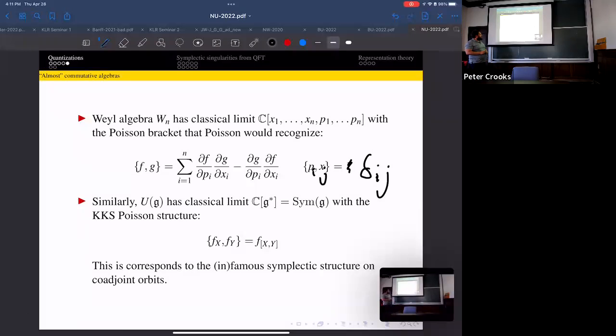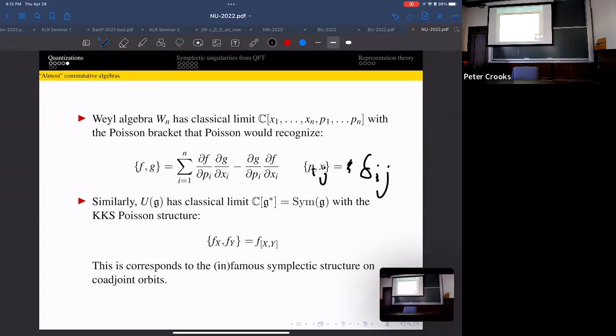Another slightly more interesting example is that if I take the universal enveloping algebra of g, the classical limit of that is the symmetric algebra of g, or you can think of that as functions on g dual, on the dual vector space.